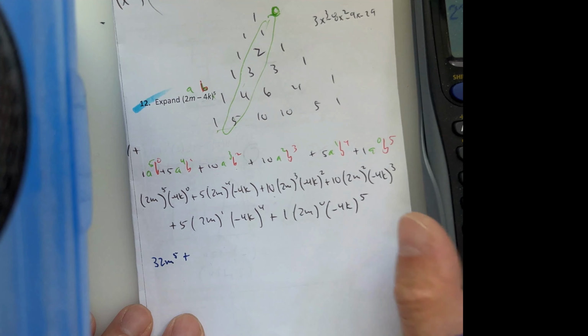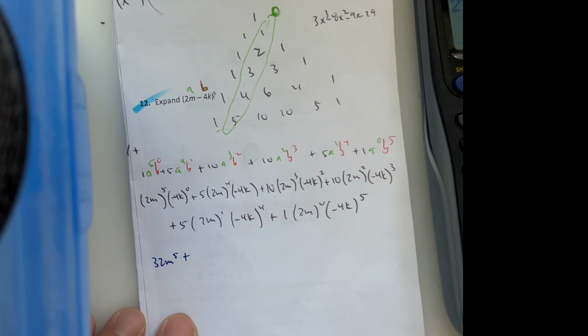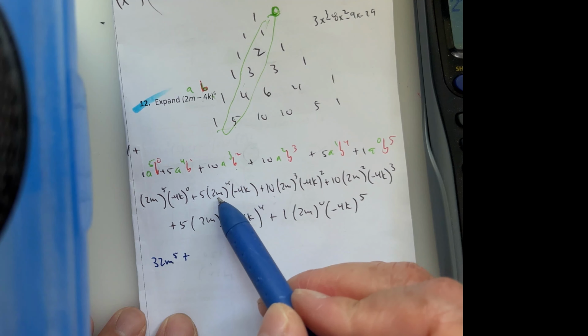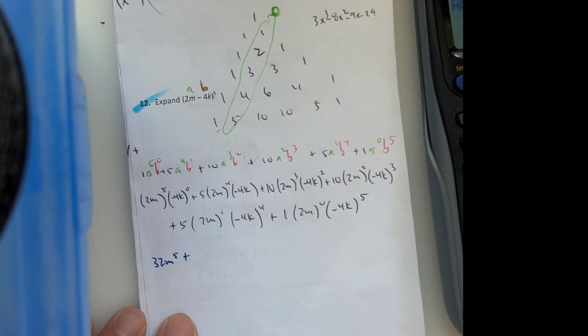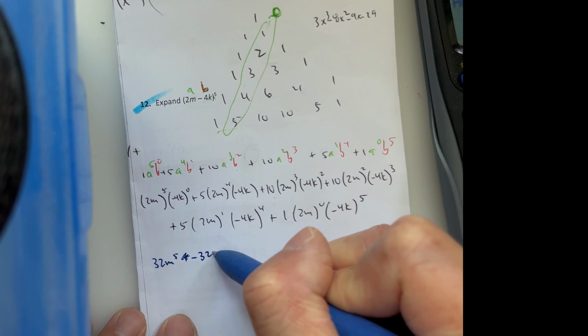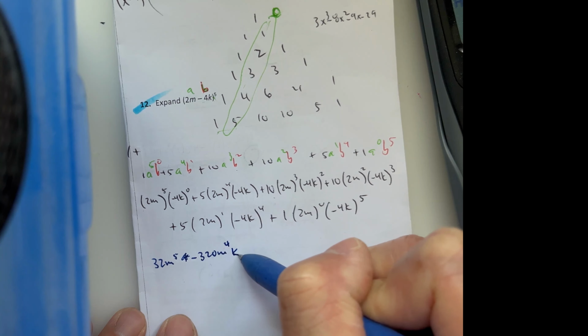Okay. This one is going to be 2 to the 4th power, 16. 16 times negative 4, and then you're going to multiply that by 5. Negative, so m to the 4th k.